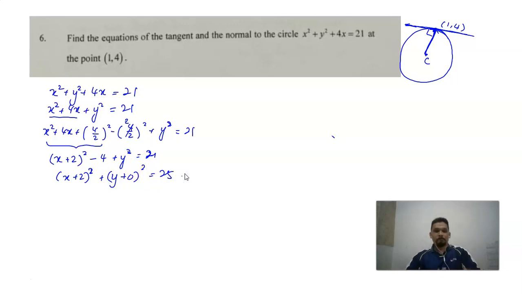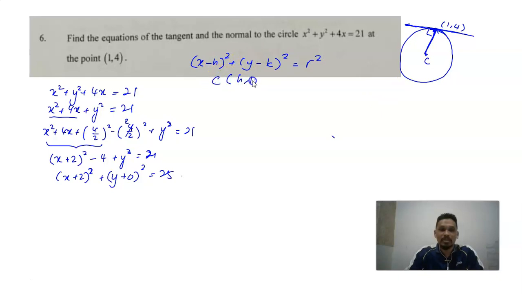Okay class, the standard equation of a circle is x minus h square plus y minus k square equal to r square. So from here, the center, which is h and k, according to this one here now, is x minus negative 2 square plus y minus 0 square equal to 25.